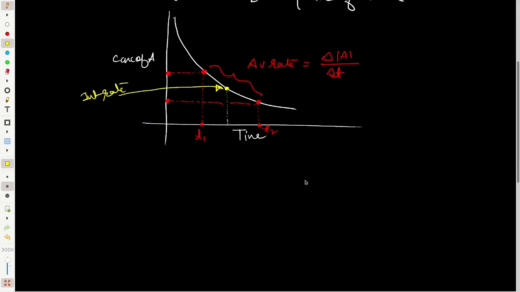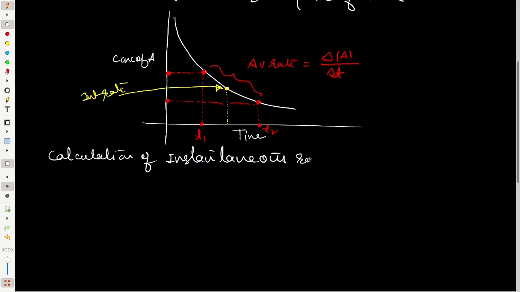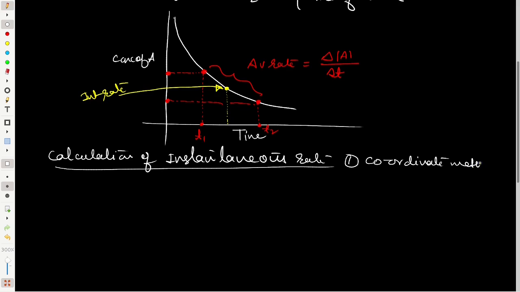So we have to know the calculation of instantaneous rate. There are two methods. One is the coordinate method and another is the calculus method.